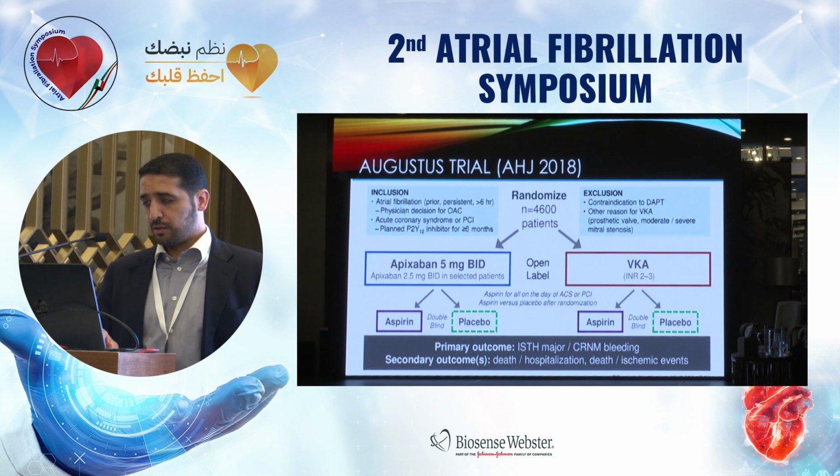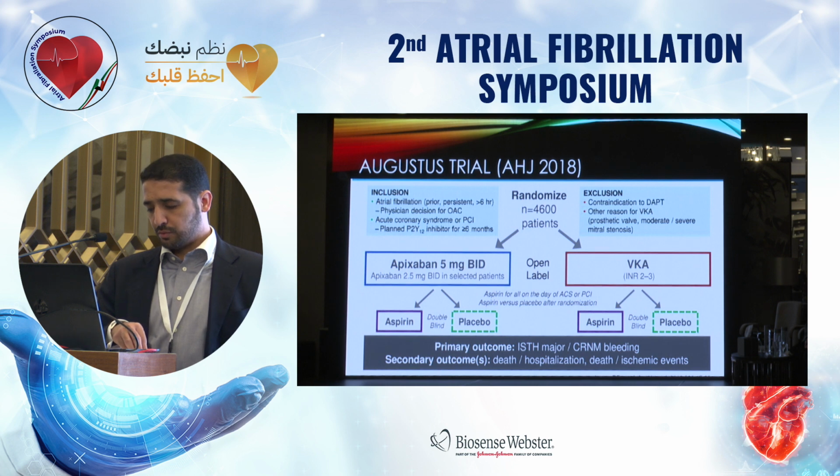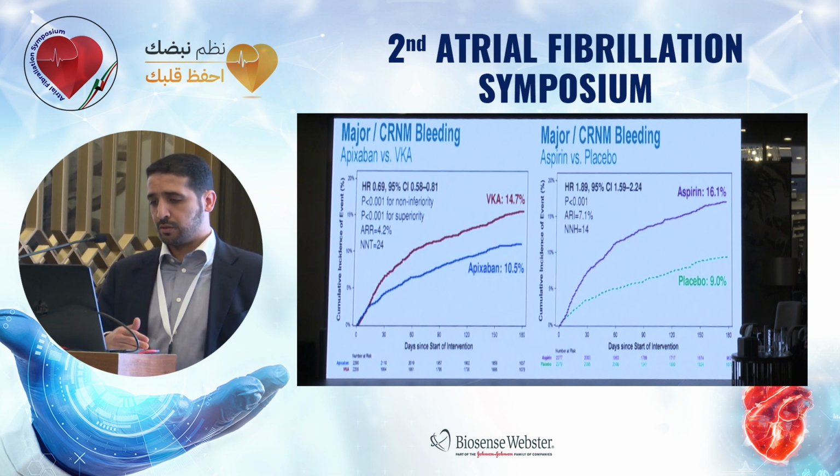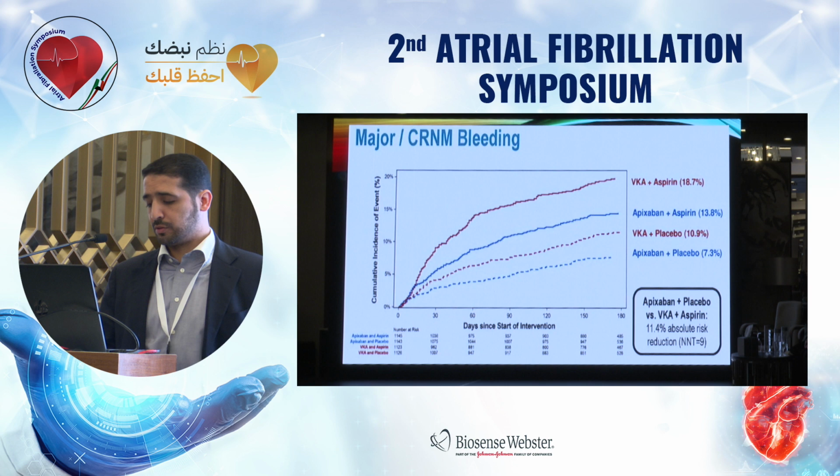The AUGUSTUS trial is the largest trial that tested patients with AFib who received dual or triple therapy. I'm sure most of you are familiar with it, so I'm just going to skip to the findings. They found a significant reduction in major bleeding in patients who received apixaban compared to vitamin K antagonist, and patients who received placebo compared to aspirin.